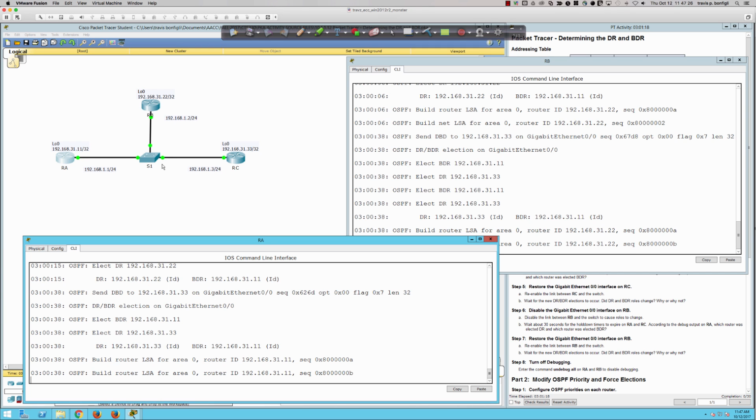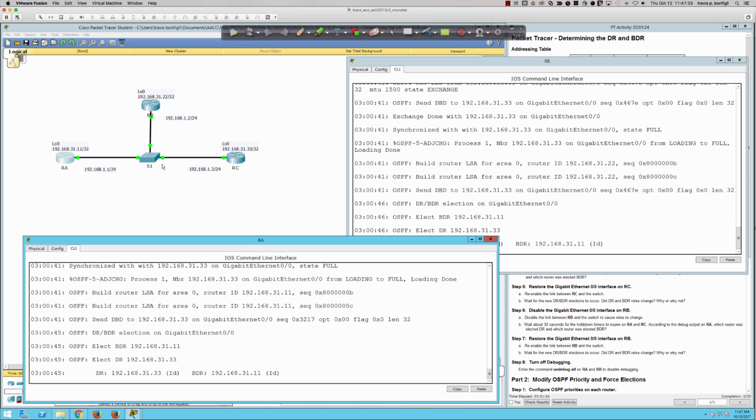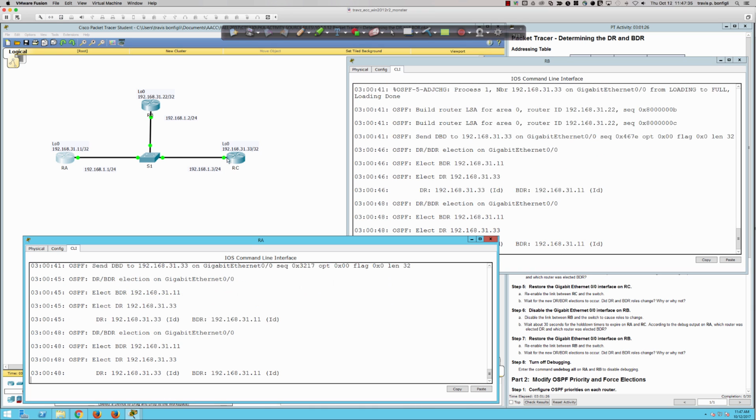Remember, the dead interval is 4 times the hello interval. The hello interval is 10. So when I kill that interface right there, do routers A and B realize that they've lost connectivity to C yet? No, they don't, because their connections into the switch here are up. So they think everything is just fine.